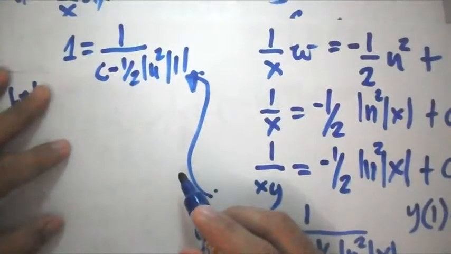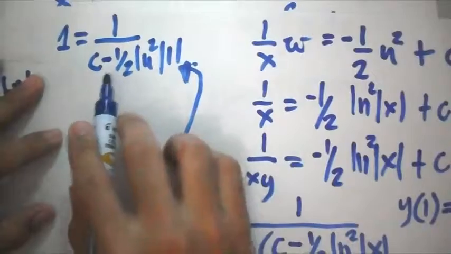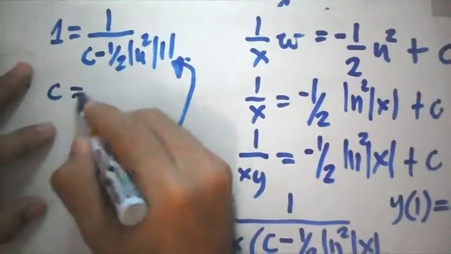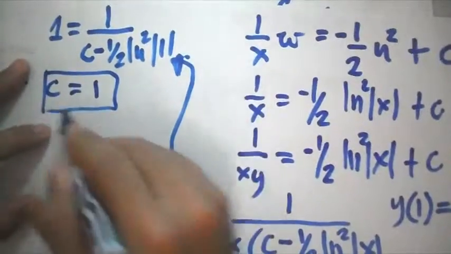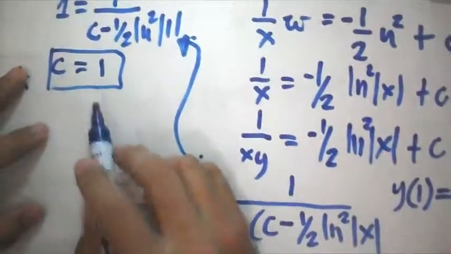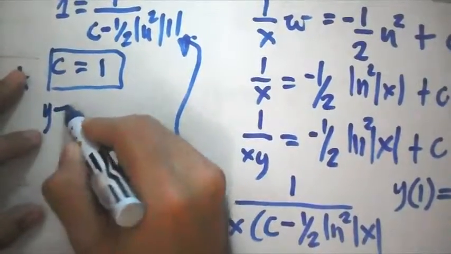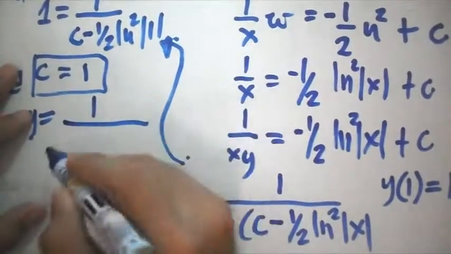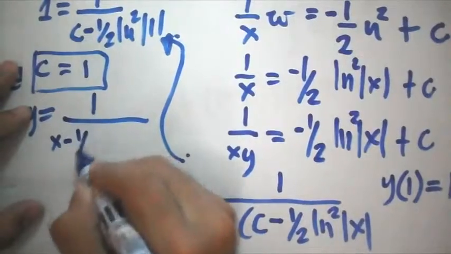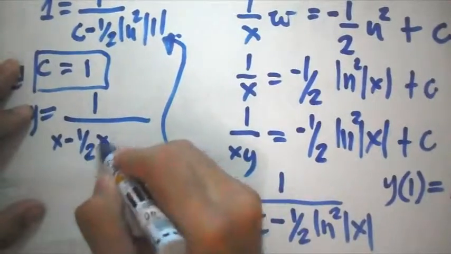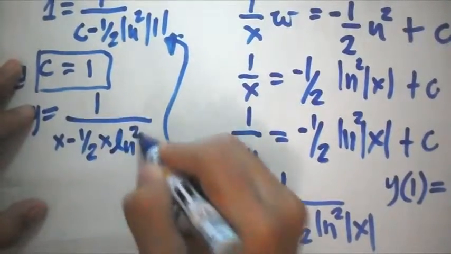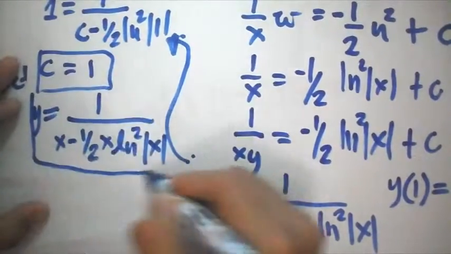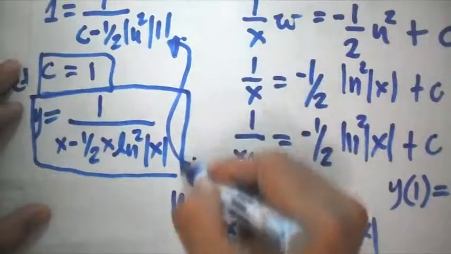Okay, now since ln 1 is 0, it becomes c is equal to 1. So our c now is equal to 1. So the solution of our initial value problem will be y is equal to 1 over x times 1 minus 1 half ln squared of the absolute value of x. So this is now the solution of our initial value problem.